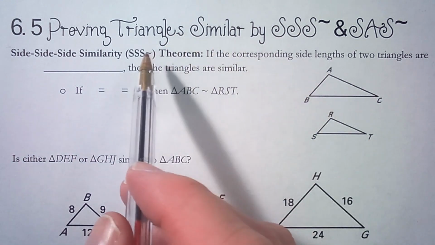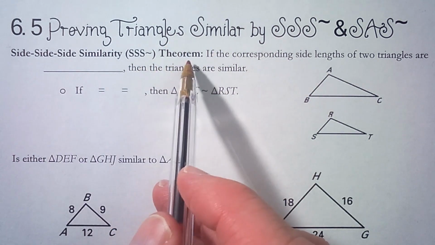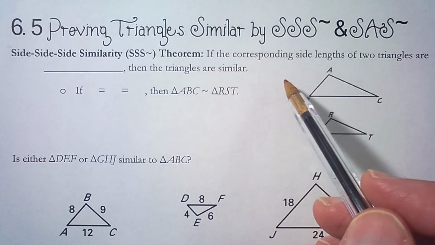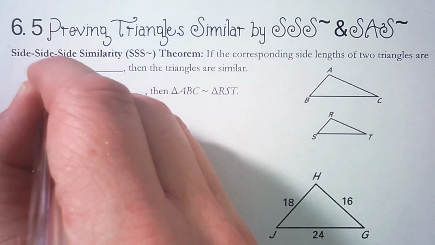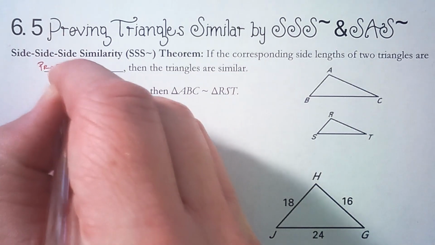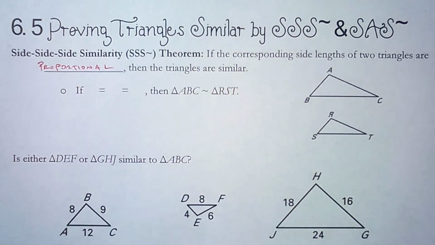So we have the side-side-side similarity theorem that says that if corresponding side lengths of two triangles are proportional, then the triangles are similar. Okay?